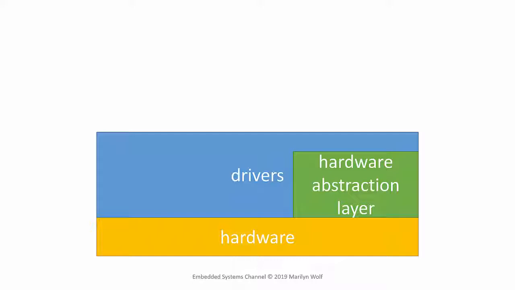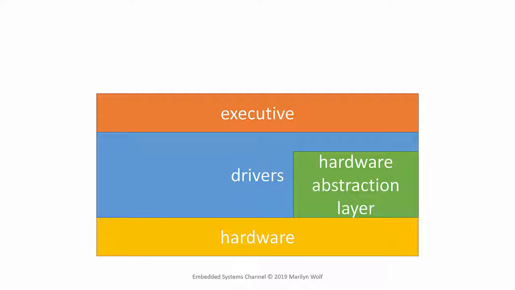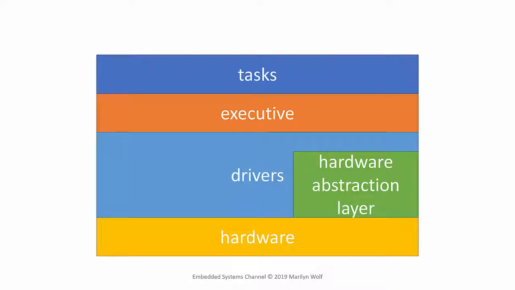The hardware abstraction layer is known in the PC world as a BIOS. It may also be known as a board support package. An executive manages the sets of tasks that actually perform the application. The executive ensures that the CPU is allocated properly and that tasks get the time they need in order to perform their functions.